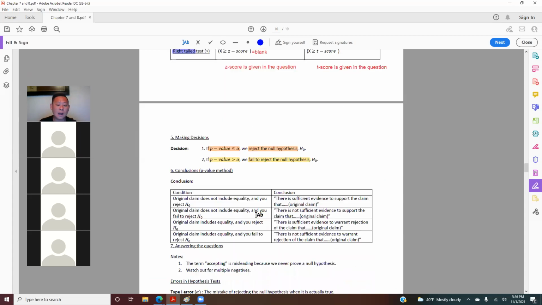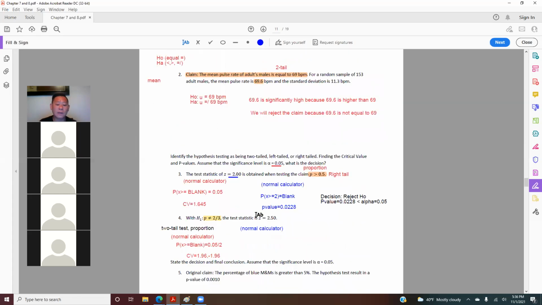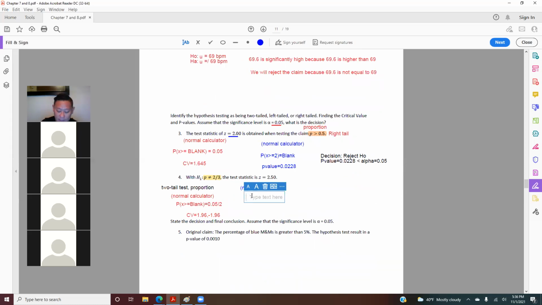So in this case, we will use the normal calculator here. We will use P(X ≥ your z-score). What is your z-score in this case? It is given to us as 2.5.